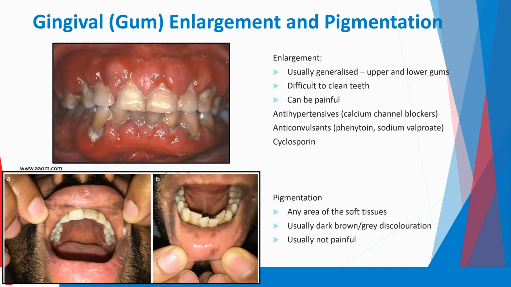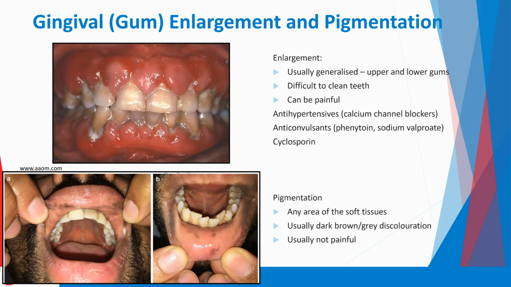It can also be quite uncomfortable at times. Drugs that commonly cause this type of reaction are the antihypertensives again, so the calcium channel blockers particularly, and certain anticonvulsant drugs that are used to control seizures are also implicated.